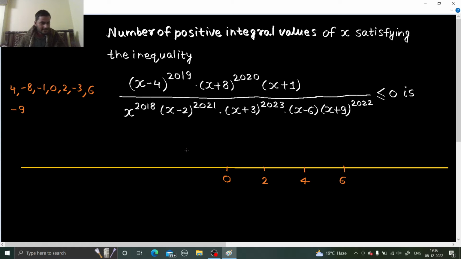On the left hand side, I have -1, -3, -8, and then -9. How many numbers were there? 3 to 5 to 7, 8. And obviously minus infinity and plus infinity.